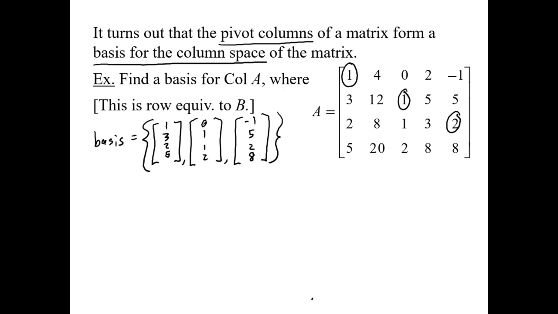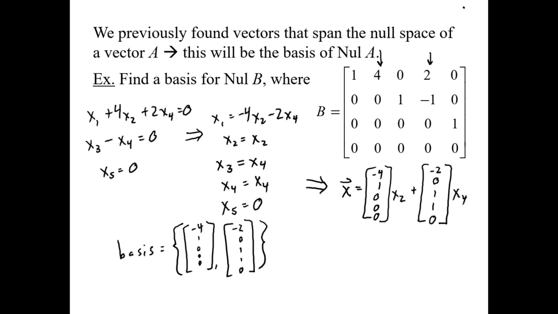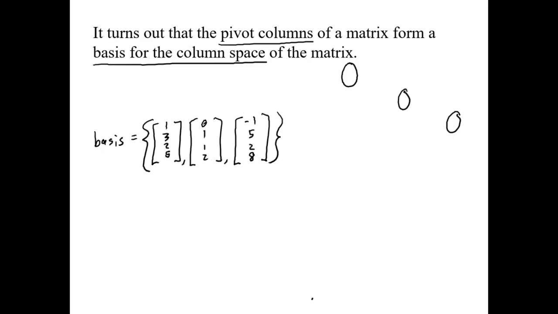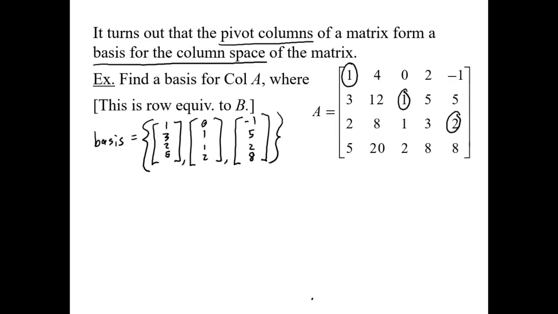However, to identify which columns to pick for the basis of the column space, we need to know what the pivot columns are. That doesn't mean you have to go all the way down to reduced form, but at a minimum, you have to reduce it to echelon form and identify what the pivot positions and pivot columns are.